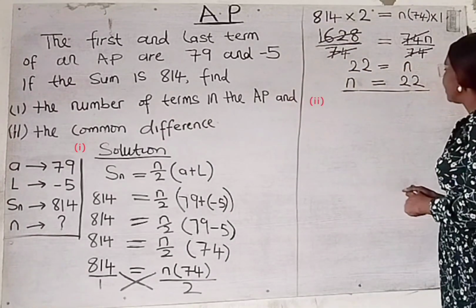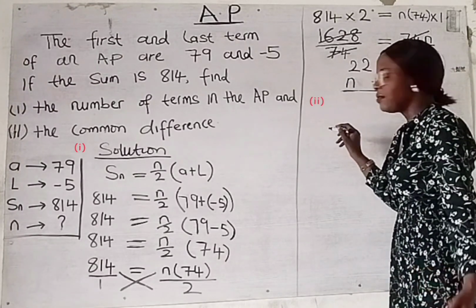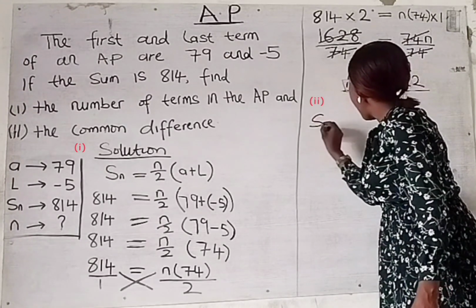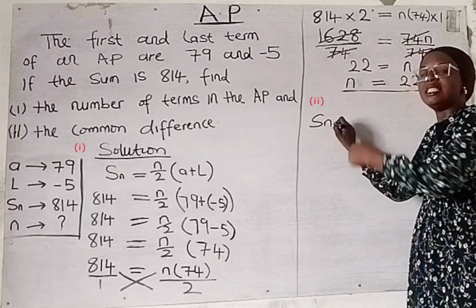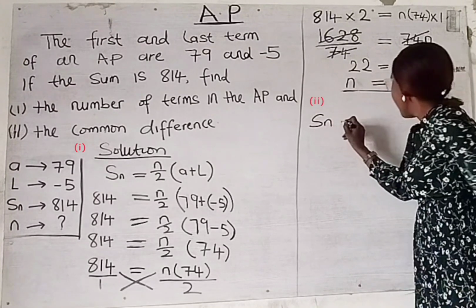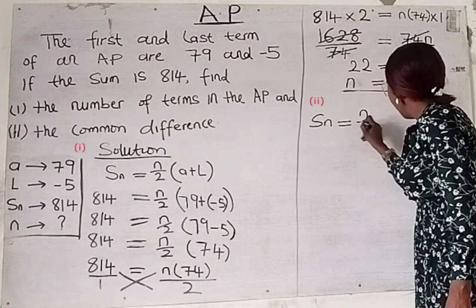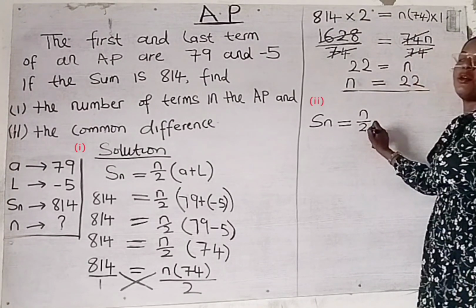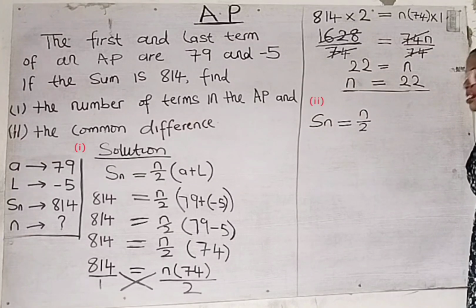Let's get started. I write out the formula. The formula is Sn. Sum is always denoted in AP by Sn. Is equals to n over 2. Sum will always have n over 2. You can get that. Okay?